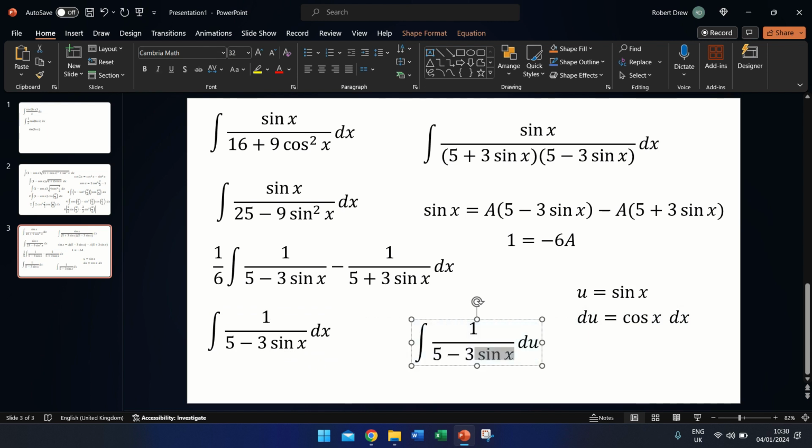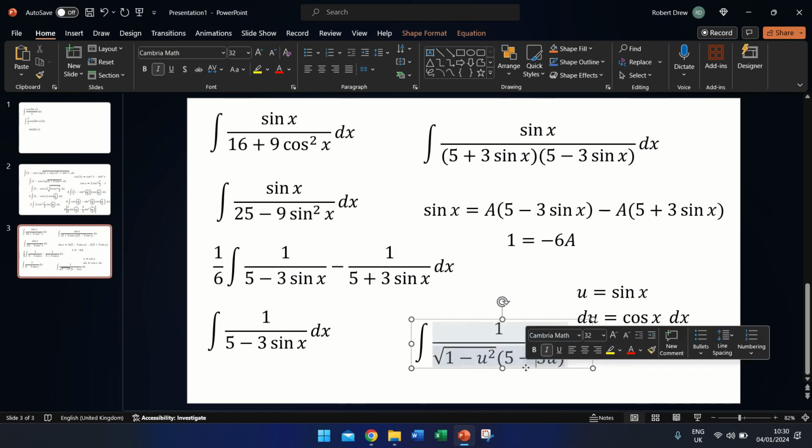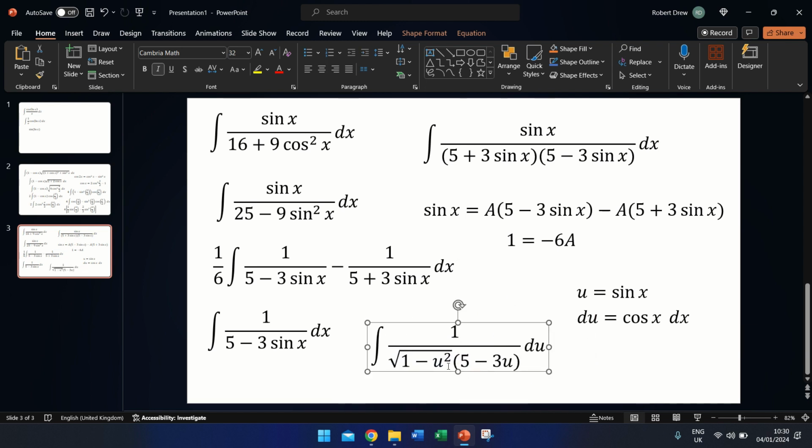This is going to be a u, which is fine. But you'd end up with a cos of x down here below. And I guess you could write cos of x as root 1 minus u squared, because it's, of course, root 1 minus sine squared. But this doesn't look good. This just doesn't look fun.